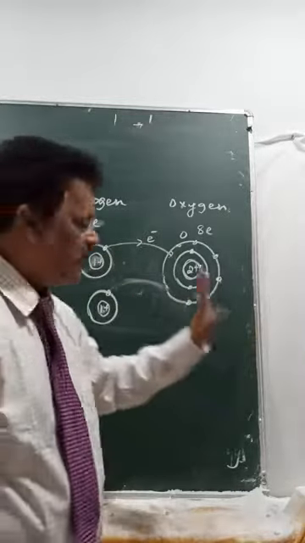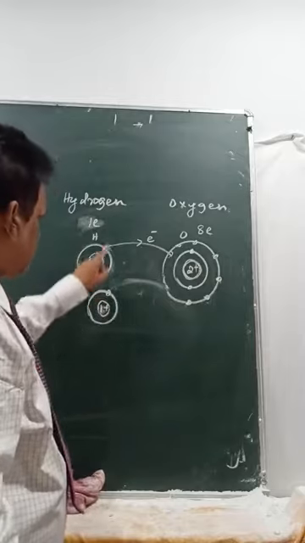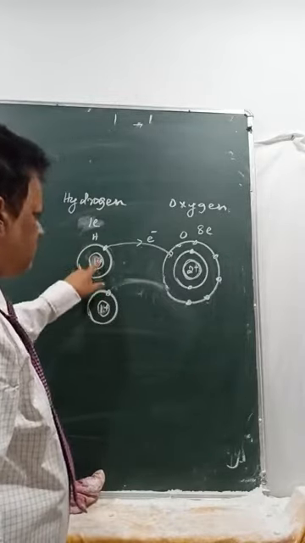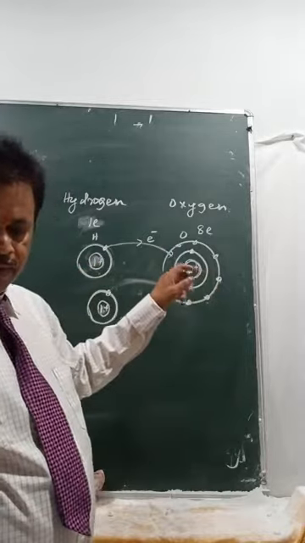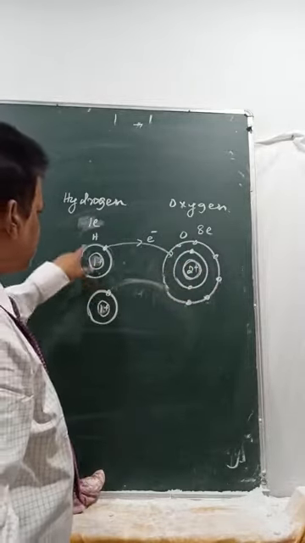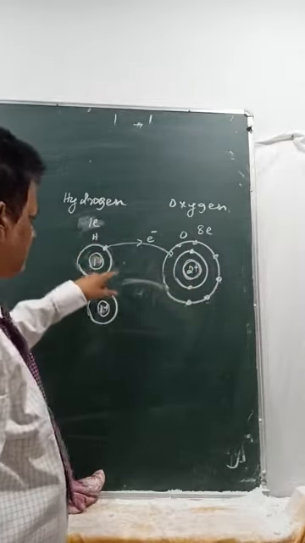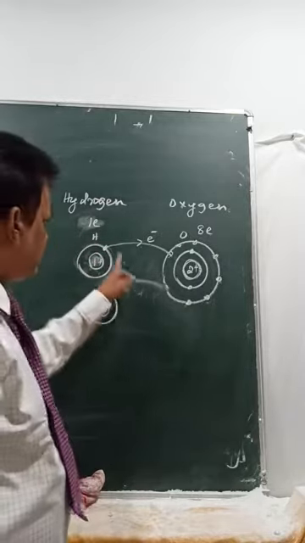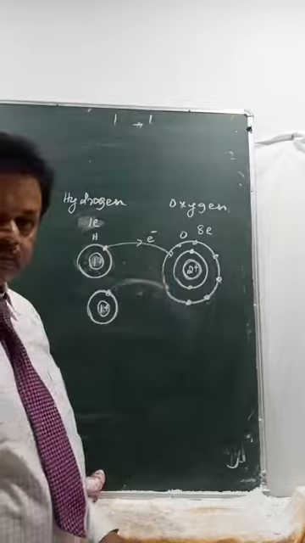Got my point? When there is no electron here, it contains a positive charge only. It is called a cation, a positively charged ion, because it has given 1 electron to this.